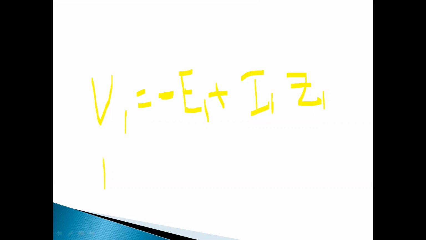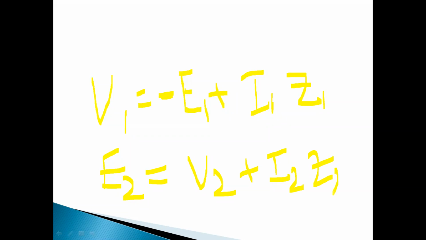So that's why for the primary winding, V1 equals the primary induced EMF E1, which is nothing but the back EMF, so that is represented with a minus, plus the primary impedance drop I1 Z1. For the secondary circuit, E2 equals V2 plus I2 Z2.